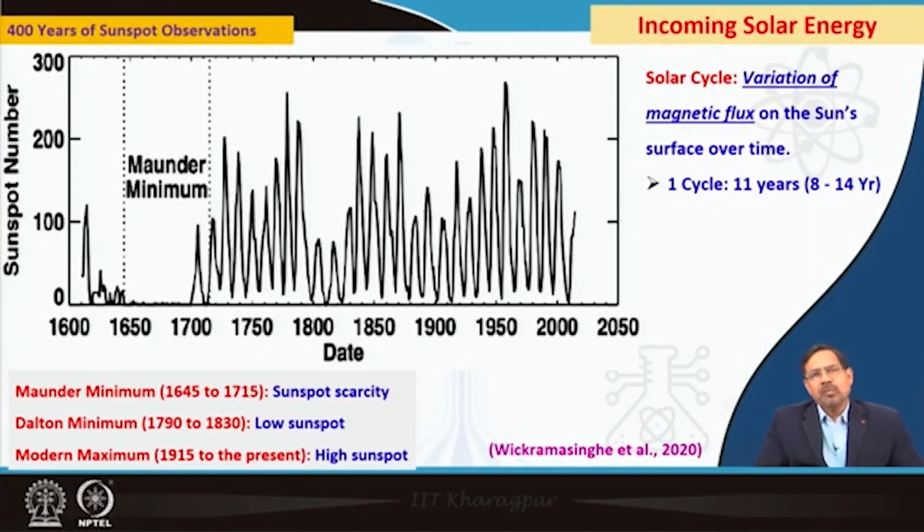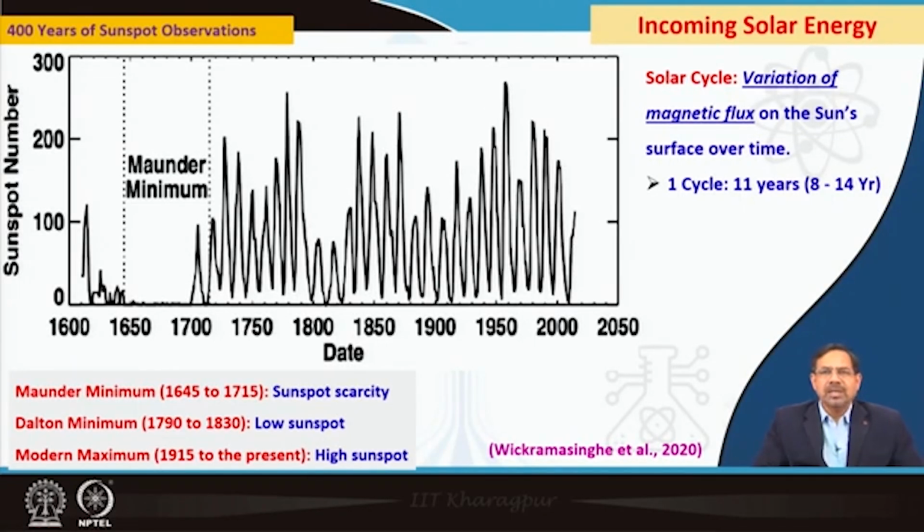Then if we move on to another low sunspot activity phase, between 1790 to 1830, that is again named after another scientist, Dalton. So, the Dalton minimum during the 1790s to 1830, and then we have a modern maximum.